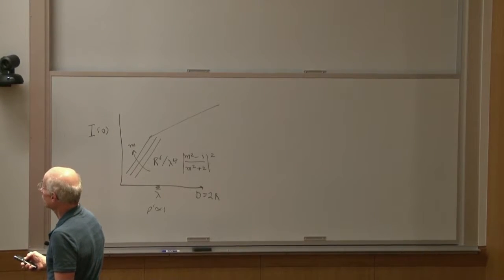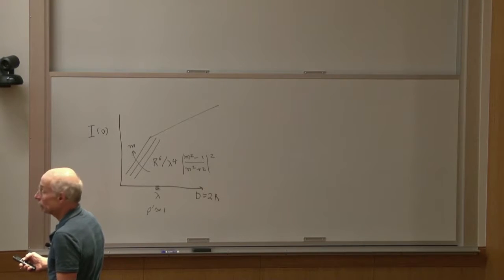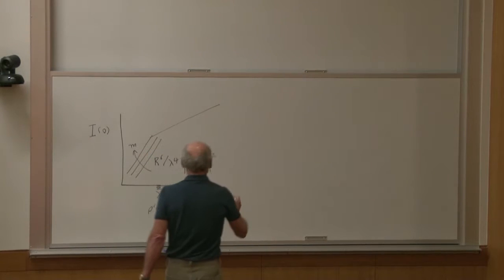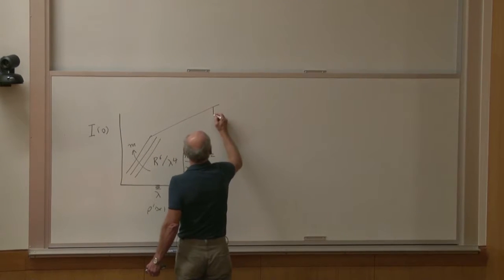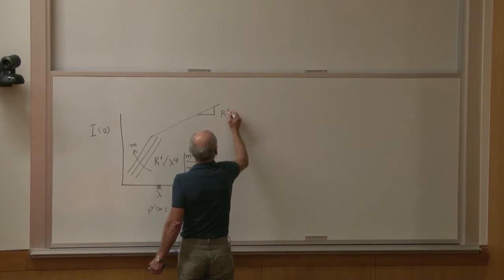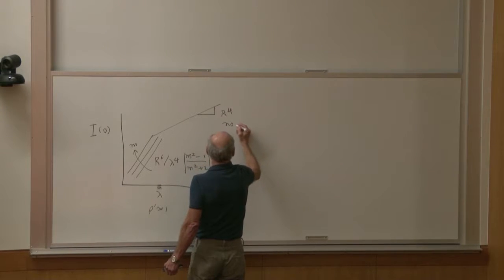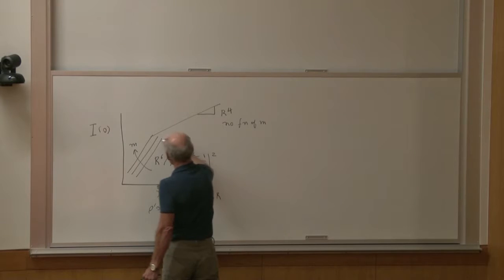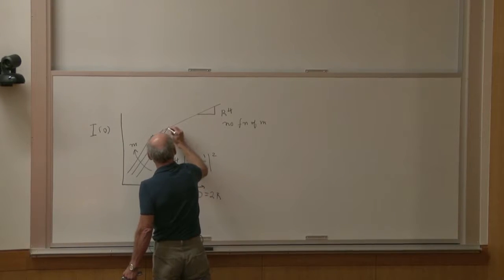So we're taking an r to the 6th and dividing it by an r squared. That leaves an r to the 4th. So this picks up as r to the 4th and no function of the index of refraction. So these come slamming in here.